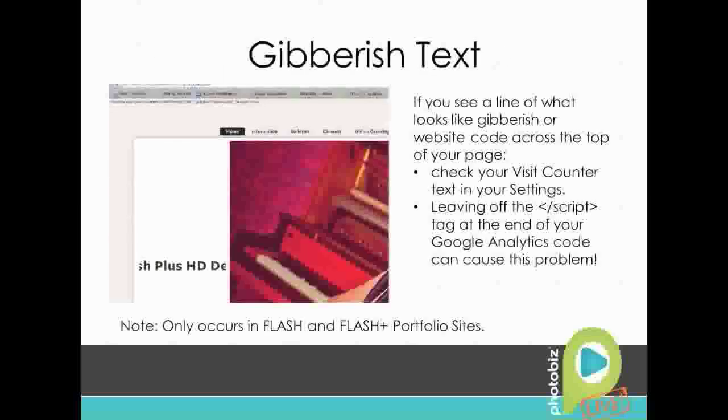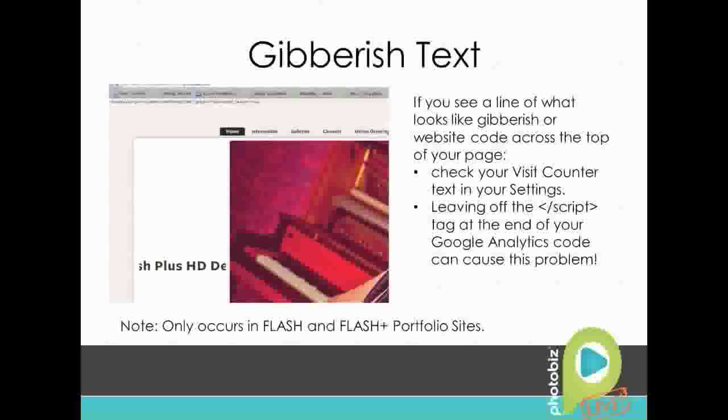If you see gibberish text across the top, and you can kind of see on the screen there, we have an example where it looks like just a string of code right across the top of the page. Generally speaking, what causes this is if you have updated your visit counter with scripts such as what you would get from Google Analytics or Google Webmaster Tools, and there's a script tag, and you can kind of see on your screen what it looks like.